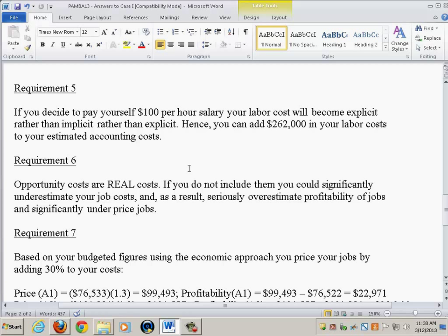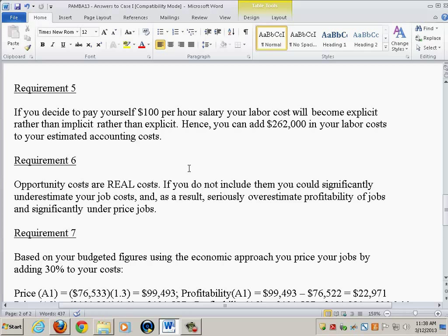You pay yourself your salary, it's recorded as a salary. It's not an estimate anymore. You pay yourself $100 per hour for the hours you put into the business. It is a bona fide expense, so it will be recognized now. There's no reason from an accounting point of view not to recognize it. It's not an estimate in the air.